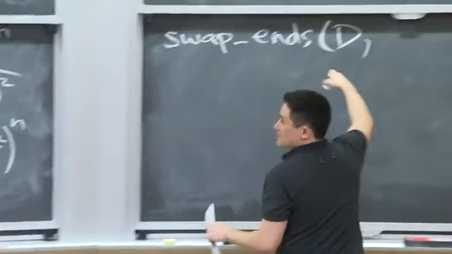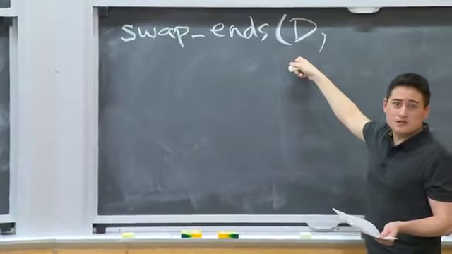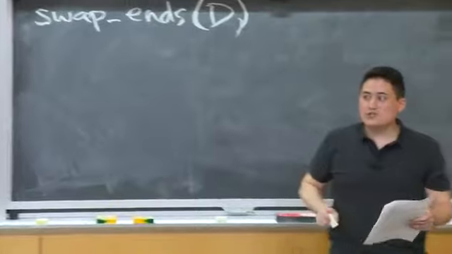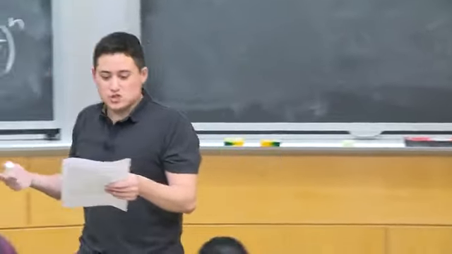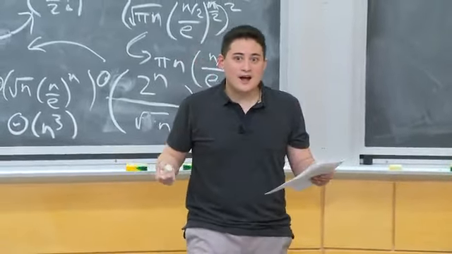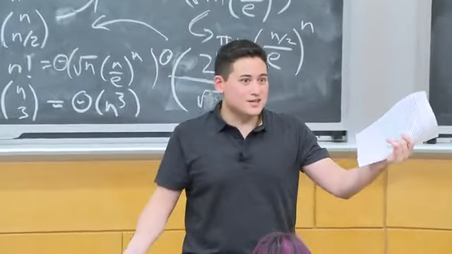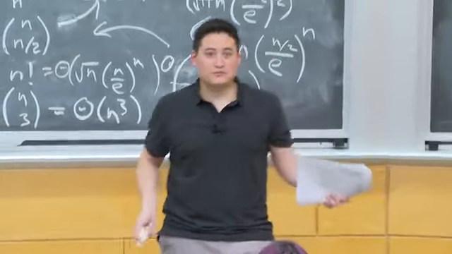It's going to take that data structure that I gave you that's storing the sequence as the only argument, and what we're asking you to do is describe an algorithm to swap the first and the last items, okay? So I mean, if it was an array, I could just look at index 0, look at that, look at the last one, look at that, and swap them, okay?